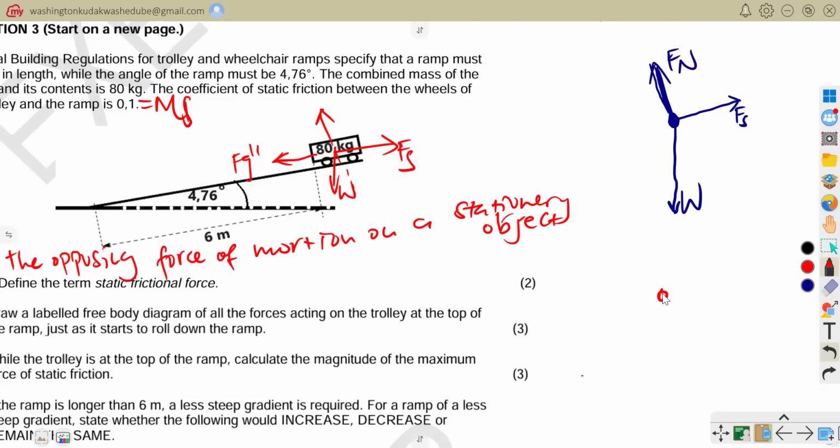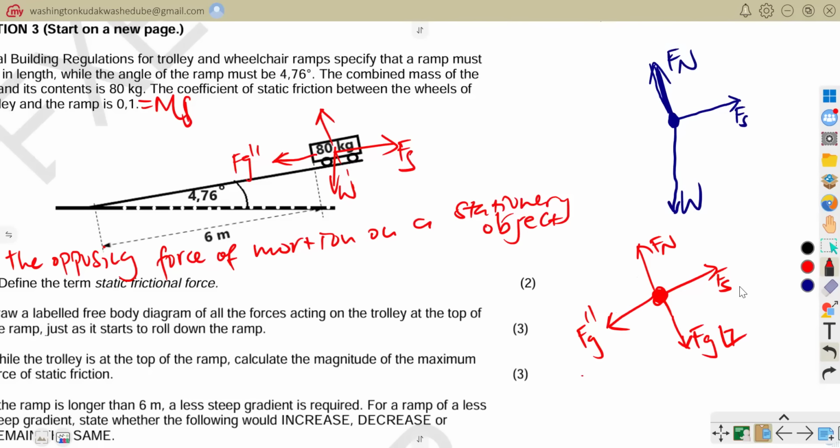Others would prefer to draw it in such a way that they will be having the static frictional force, and then the normal force there. And after having that normal force, they would resolve the weight into its components, which are Fg parallel and Fg perpendicular, like that.